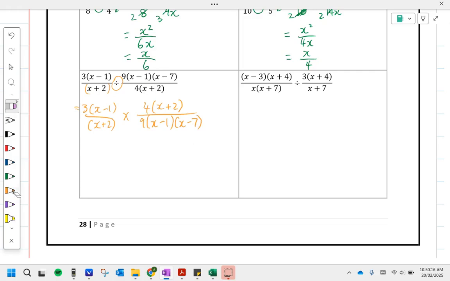So now we can start cancelling. Remember, we can only cancel vertically and diagonally. So x plus 2 at the top and at the bottom. X minus 1 at the top and at the bottom. 3 and 9, both divisible by 3. That's 1, that's 3. And it looks like that's it. So we've got 1 times 4 is just 4 over 3 lots of x minus 7.